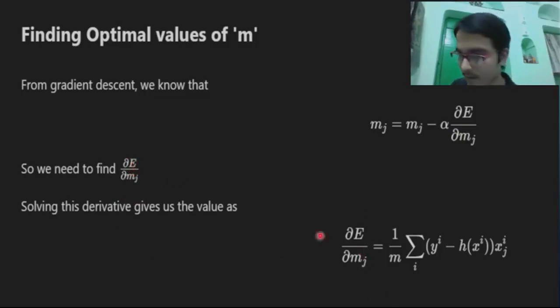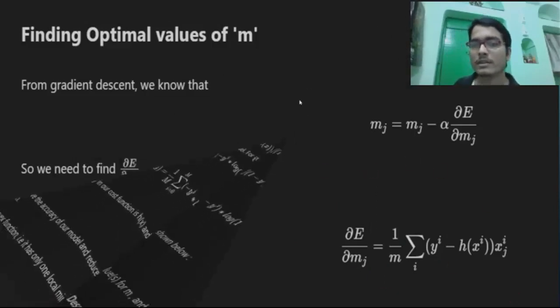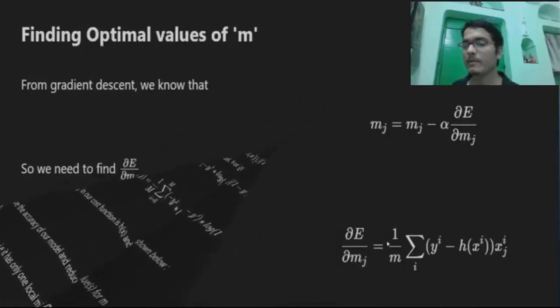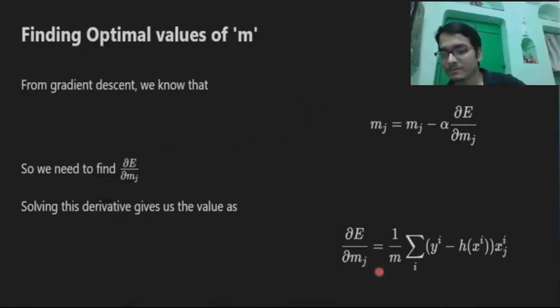It may be lengthy, but it would be really simple to differentiate this function. With respect to m of j, you need to differentiate this entire function, and then you will get this value, where m is the number of values and m of j represents the jth data point.